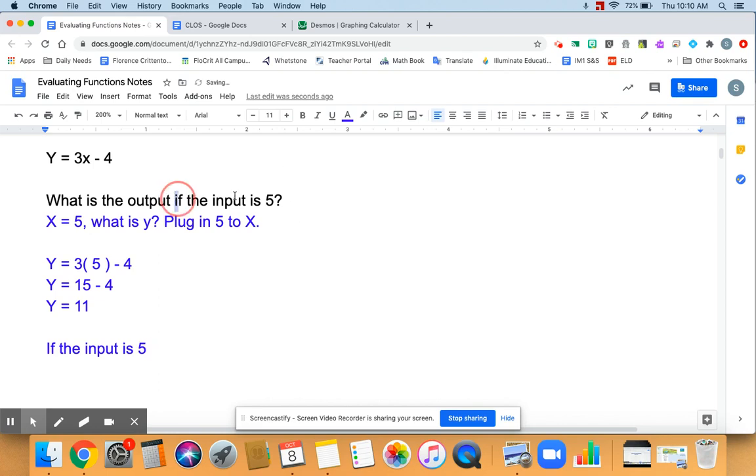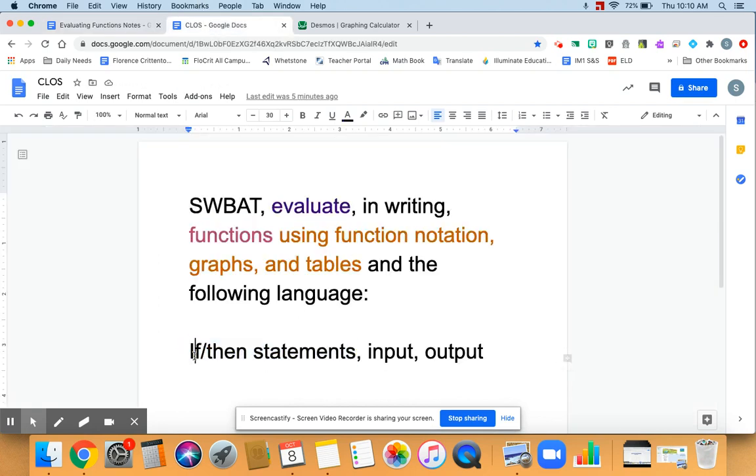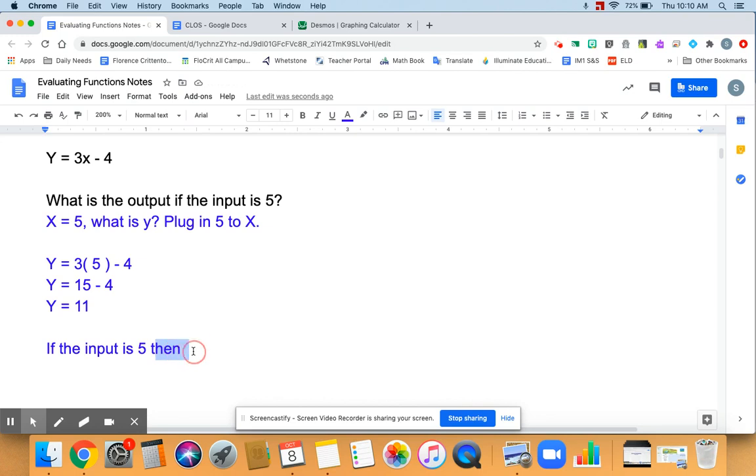So see how I started with the end of the sentence? If the input is 5, then we're going back to an if-then statement. You start with your if something, and then you say something else. Then what? Well, then the output is 11, because my answer at the end was that Y equaled 11. So that is how I would respond to this question.